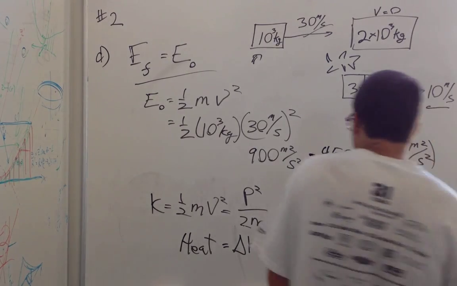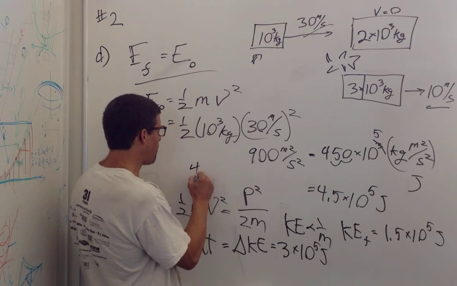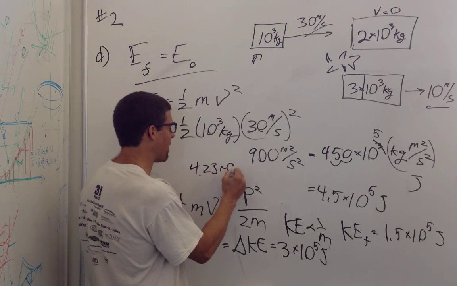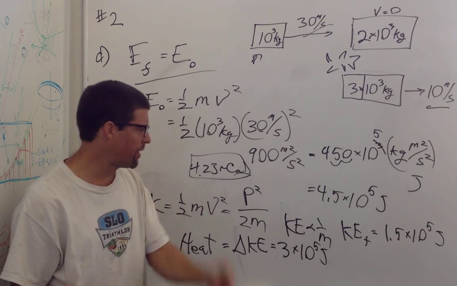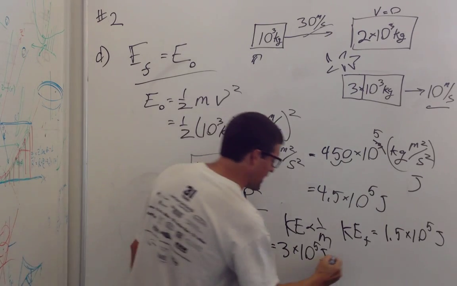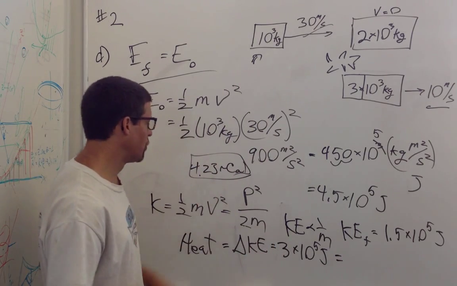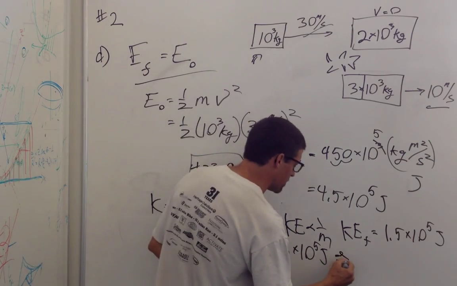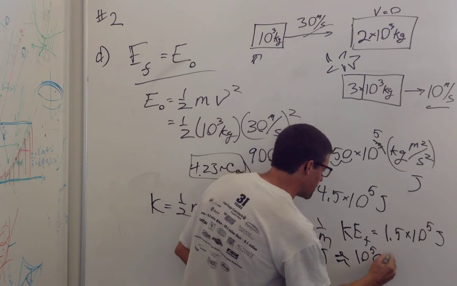Is that a lot of energy? I don't know. Let's see. I know that 4.2 joules is about a calorie, which is enough energy to heat 1 gram of water up 1 degree Celsius. So let's say this is about 4.2, and divide by 4.2 joules per Kelvin, and so it's about, a little bit less, but about 10 to the 5th calories.